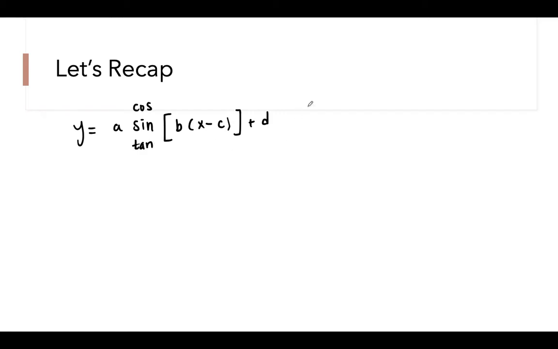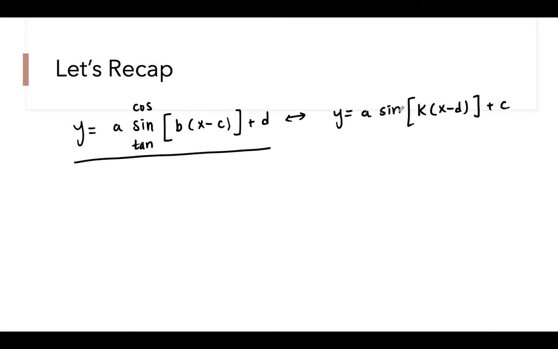Now in the textbook, you may have seen this equation: y is equal to a sine k x minus d plus c. For now, I will try to be consistent by using this, but different letters or acronyms could be used to represent the same idea.